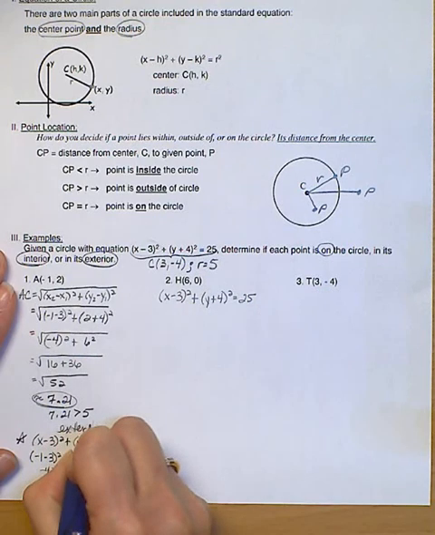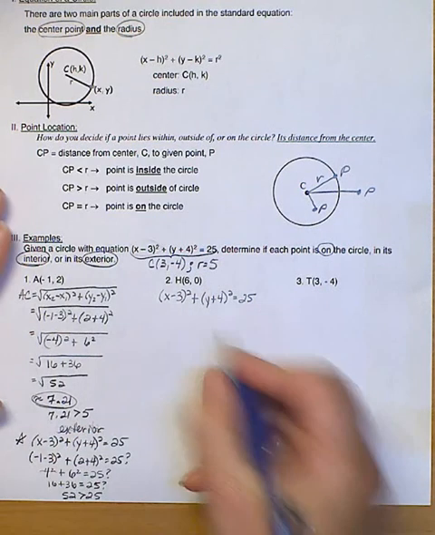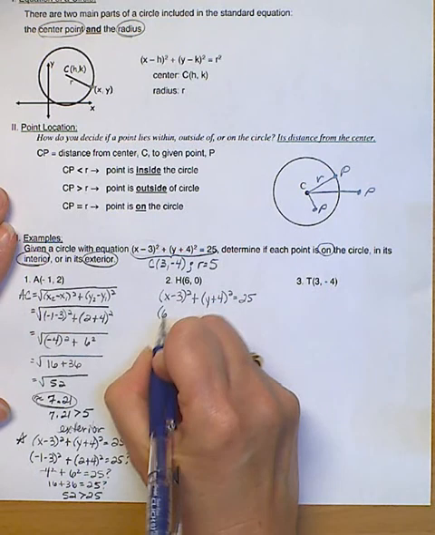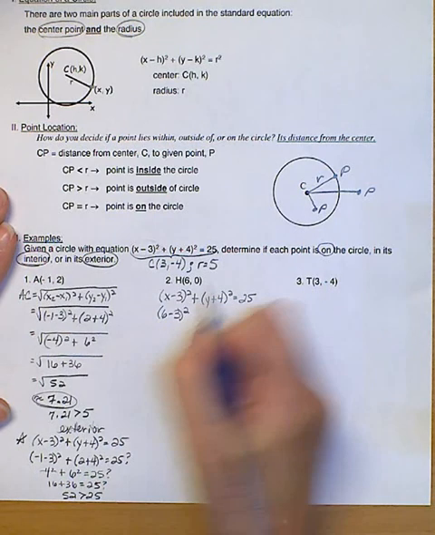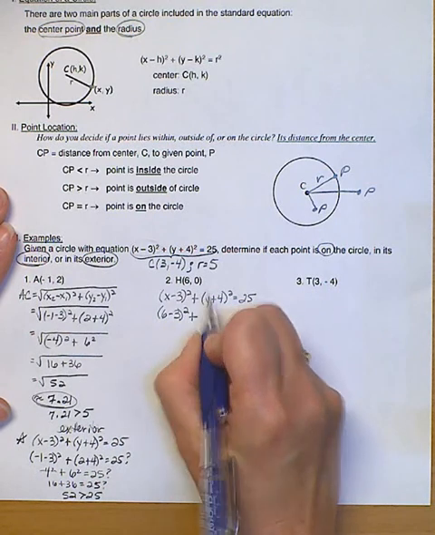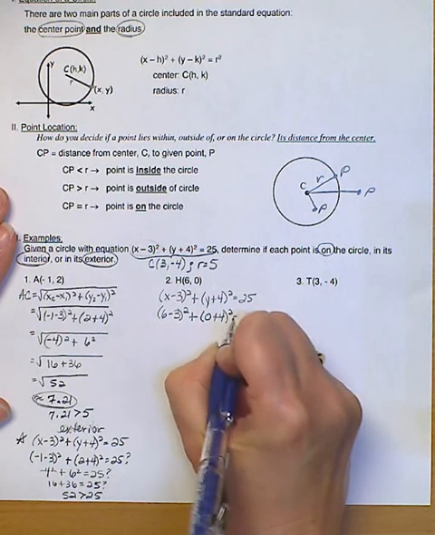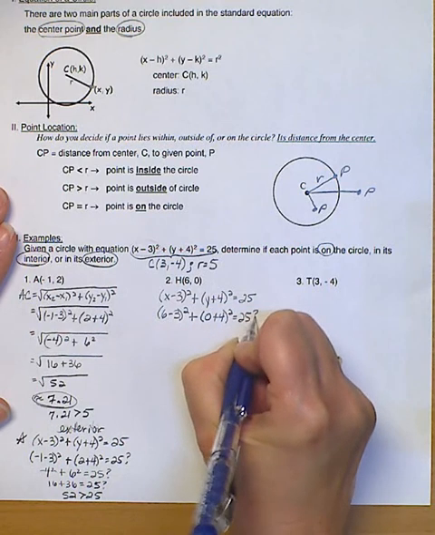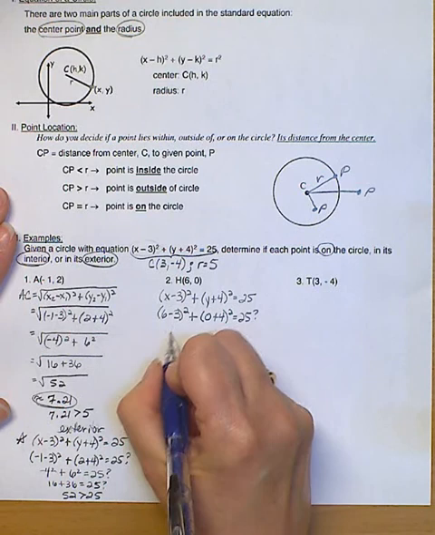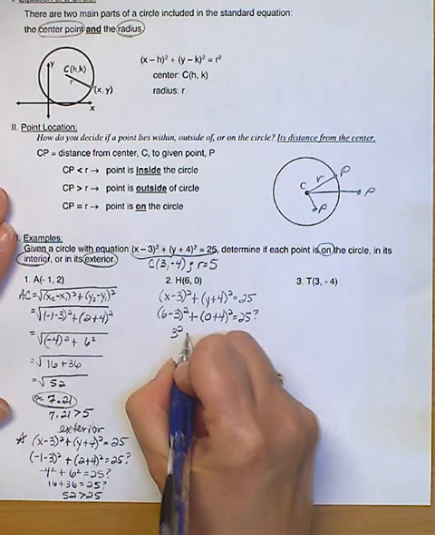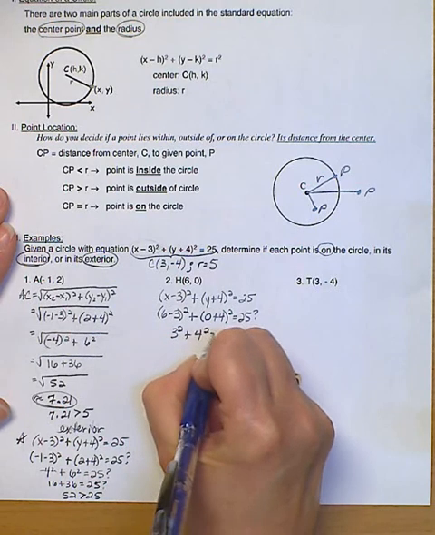Okay. So x is 6 minus 3 squared plus y is 0 plus 4 squared equals 25. It's not a statement, it's a question. 3 squared plus 4 squared equals 25.